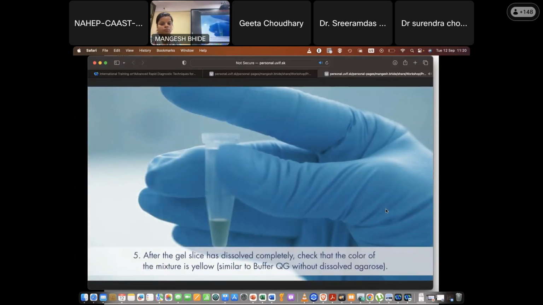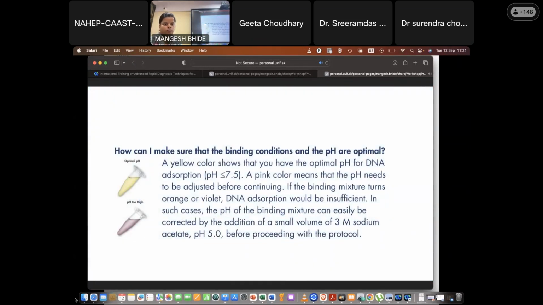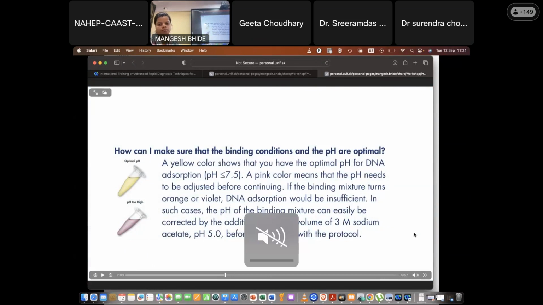Okay, stop here. So this solution is QG buffer. Different companies may call it QG buffer, binding buffer or solubilization buffer. There are different names, but the first buffer you add to the gel contains chaotropic salts, guanidine thiocyanate. As this is toxic, you have to be very careful when handling.